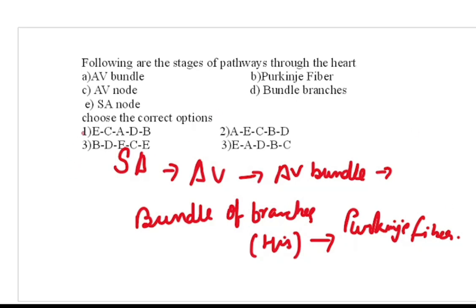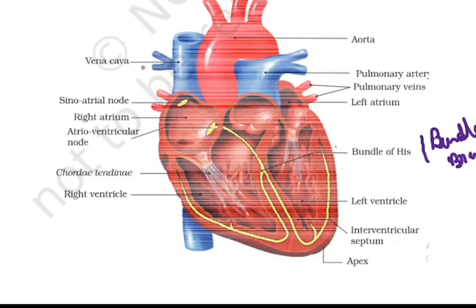So what we will do here, we will go with the first option. Now see the structure of the heart. This is the sinoatrial node, then the AV node, then the AV conduction, then this is the bundle of His, also known as bundle branches, and then this yellow structure is the Purkinje fiber.